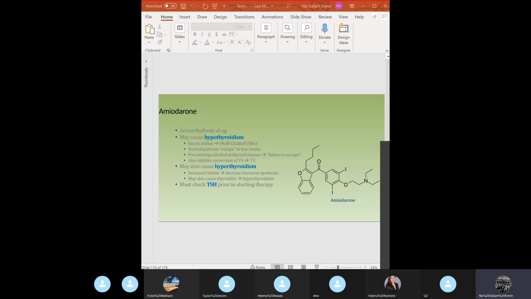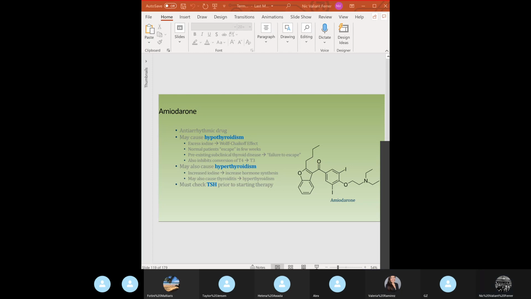So amiodarone can also cause hyperthyroidism. So what are we going to do if we want to prescribe amiodarone, which is an antiarrhythmic drug? Class 1, class 2, class 3, class 4. Amiodarone is what class of antiarrhythmics? Class 3. Excellent. What's class 1?